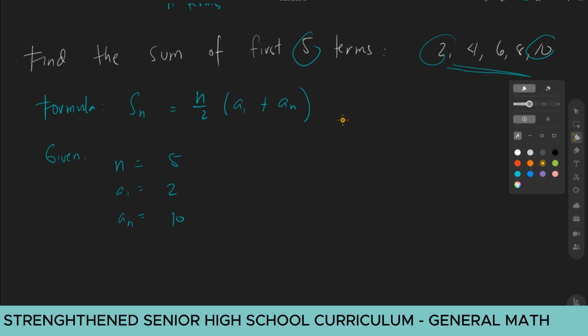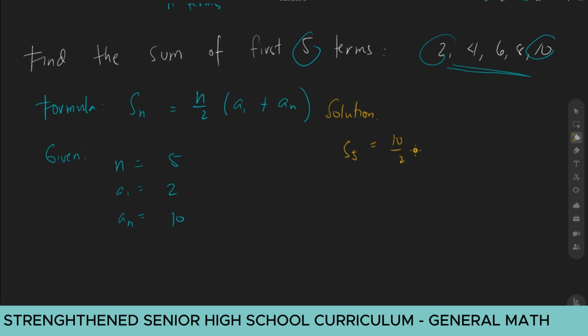Okay, now let's move on with the solution. S sub 5 is equal to 5 over 2 times the sum of 2 plus 10.